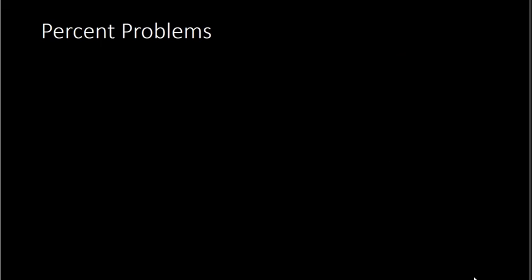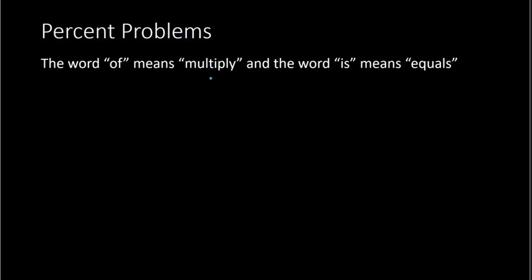Now that we know how to work with percentages, we are going to now use percentages to answer different types of problems. Now, as we answer different types of percentage problems, it is important to realize that the word of would mean multiply, and the word is means equals. So for example, if you were asked 20% of 160 is what number, we can create an equation that we can solve.